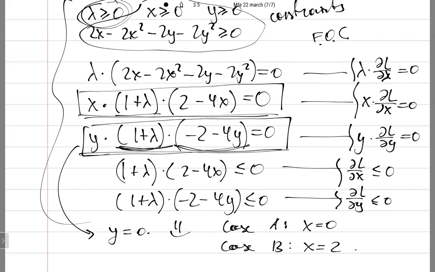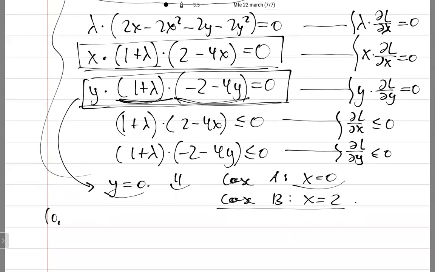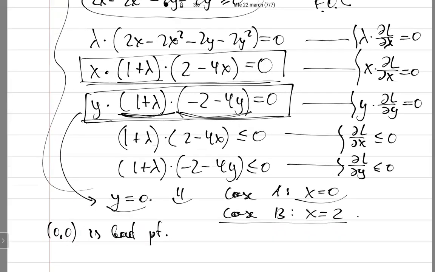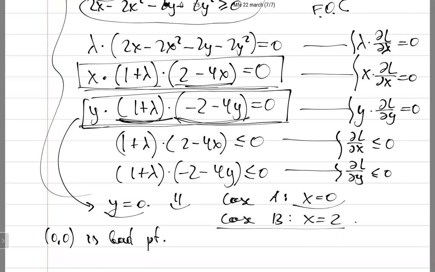The point (0, 0): I don't need even to check it because I know it is okay with the first order condition, so I will need to check it separately. So I have two suspicious points. Let's check case B. Maybe (0, 0) is a bad point. 2 minus 4x equals 0 when x is equal to 1/2.